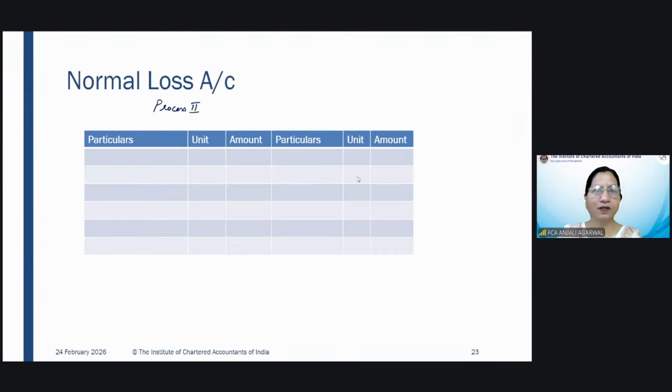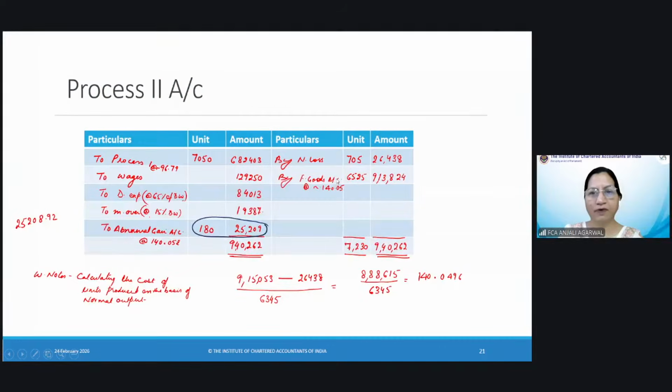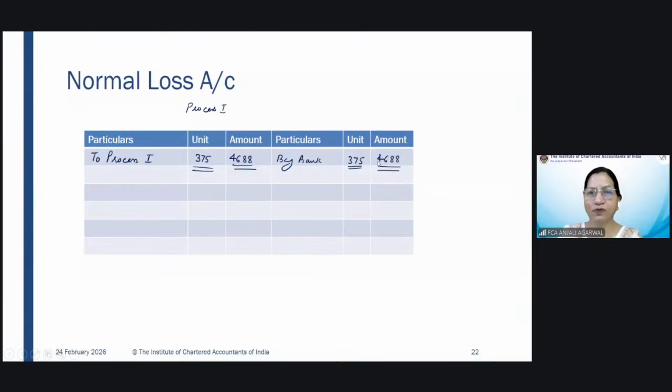But when you prepare the normal loss account for process 2, you will say to process 2, there were 705 units, which should have fetched you 26,438.